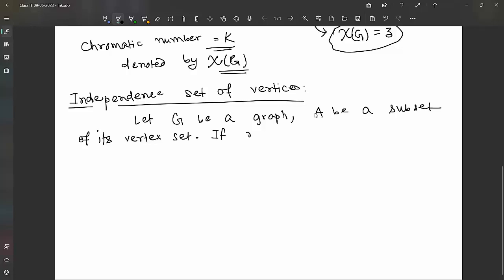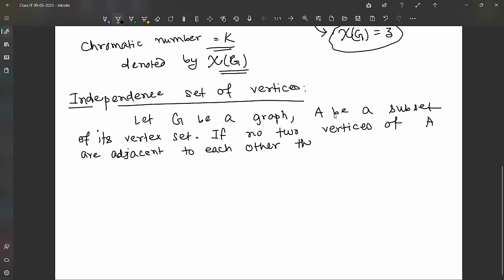If no two vertices of A are adjacent to each other, then A is called an independent set of vertices. Okay, this is an independent set of vertices.